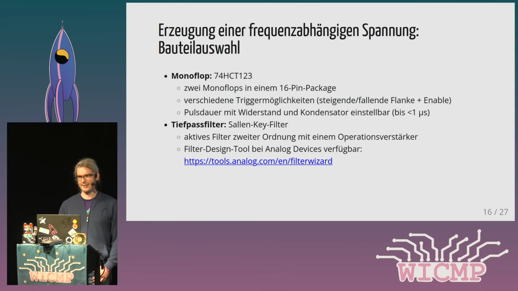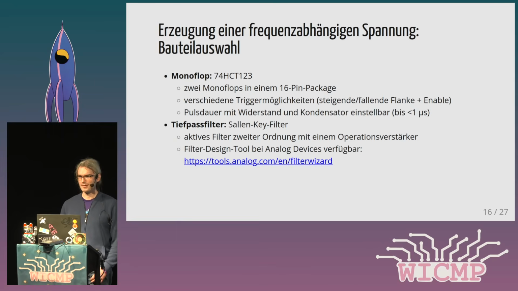The chip has multiple trigger opportunities. It can trigger on different flanks, and you can deactivate it. I did not need that here. The more important thing is that you can individually change the pulse width. You can change it to different values depending on the size of capacitor that you have available.